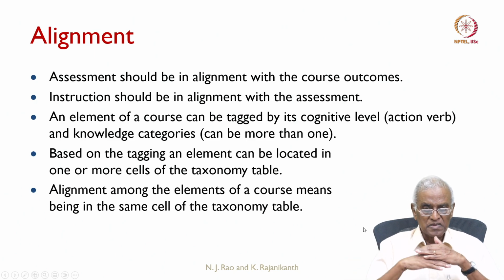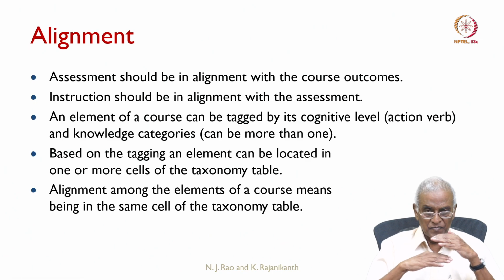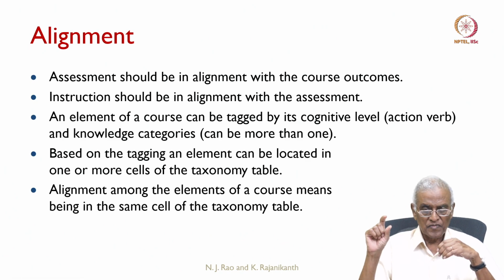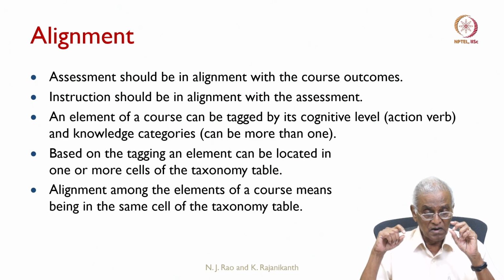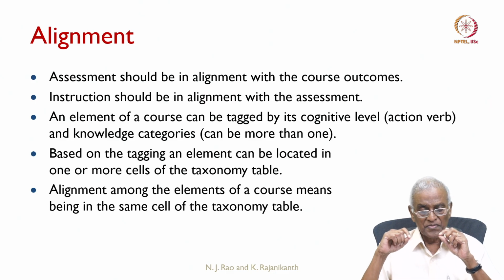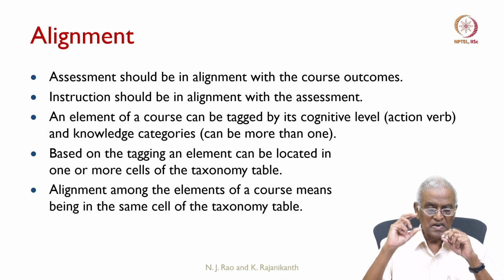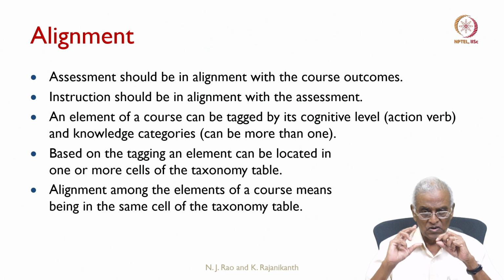Perfect alignment means if I look at the CO, or course outcome, and by tagging I put it in one particular cell of the taxonomy table, then I conduct instructional activities to attain that course outcome.